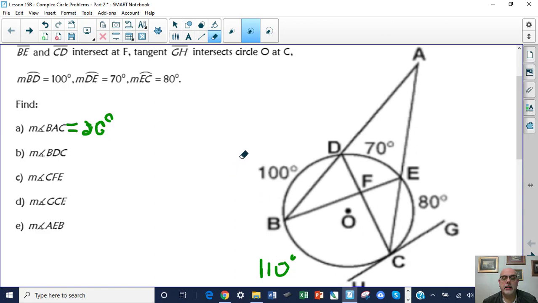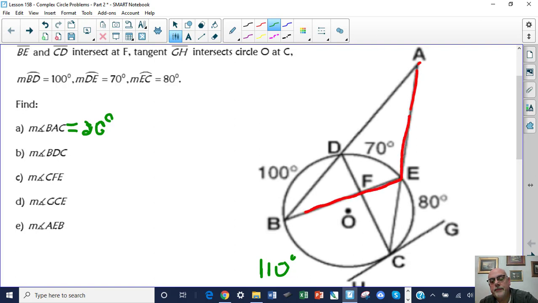Now let's look at angle AEB. Angle AEB, this is an interesting one. That's an angle formed by a secant and a chord, and we've got no way to measure that angle.